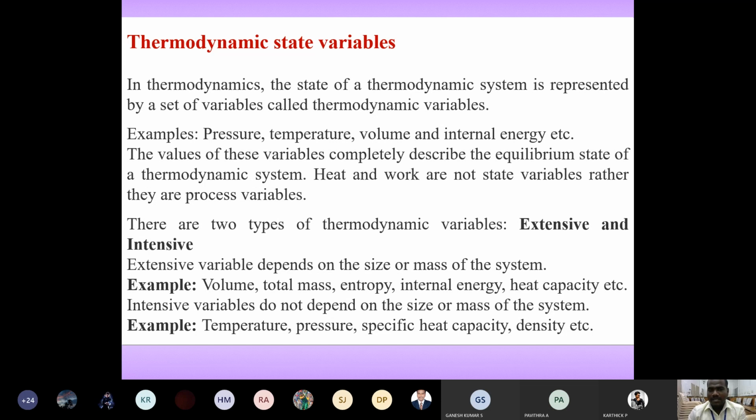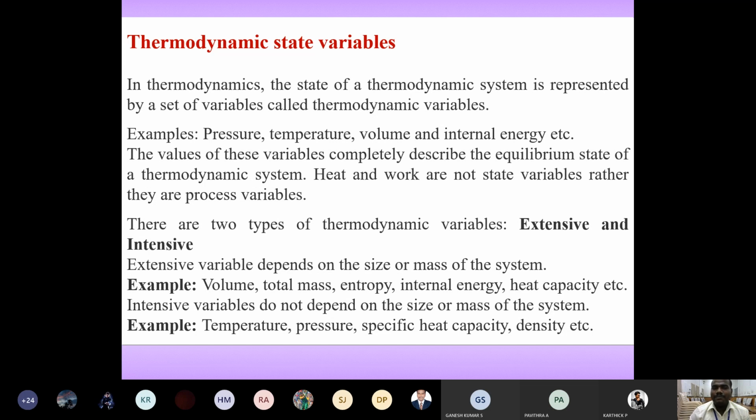Assume a solid bar at 40 degrees Celsius. Intensive variable means independent of the mass. If we split that bar into two halves and measure the temperature at piece 1 and piece 2, they will be the same, right?